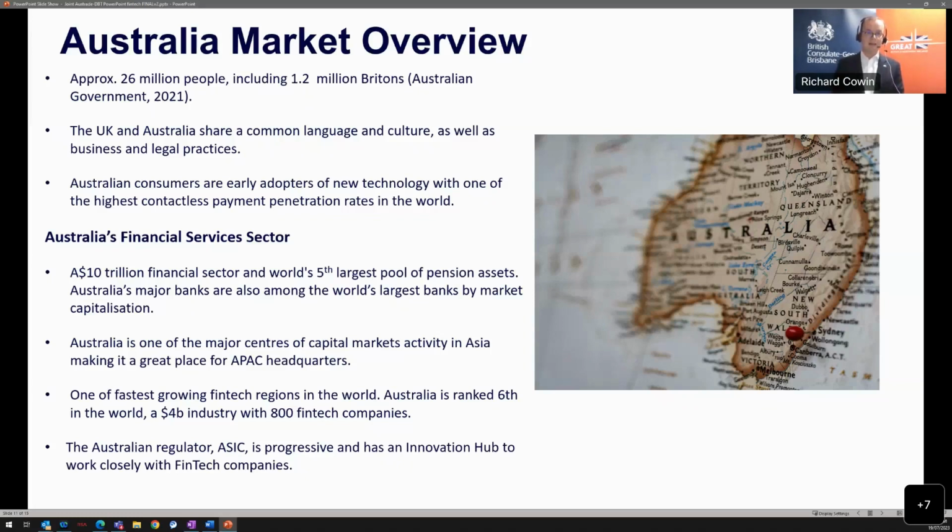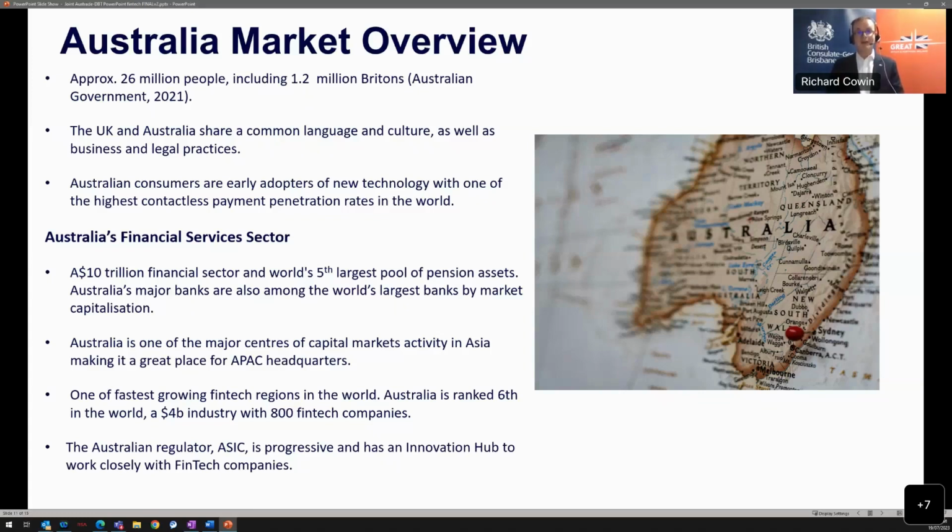The second thing I'd like you to remember about Australia is that it's really tech savvy. I've been here for 6 months, and I jokingly say that I hardly know what Australian money looks like, because Australian contactless payments, Australian apps are so good, so well advanced, so easy to use. And then the third and final thing that I'd ask you to remember about the Australian market is that Australian consumers are really rich as well.